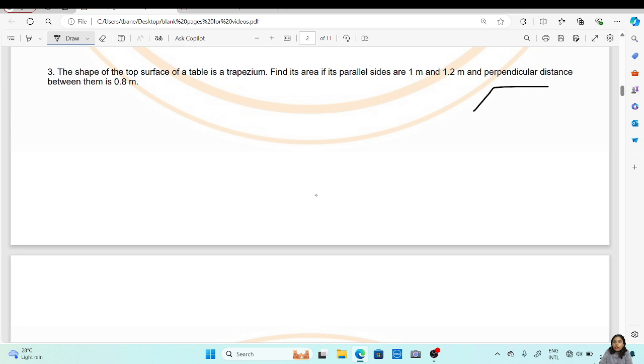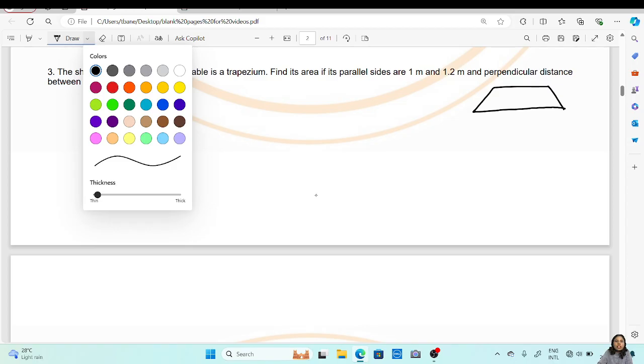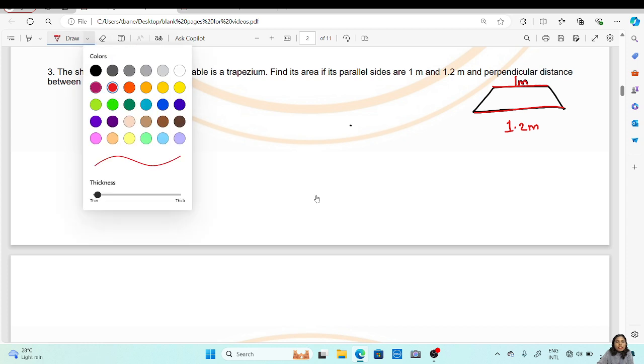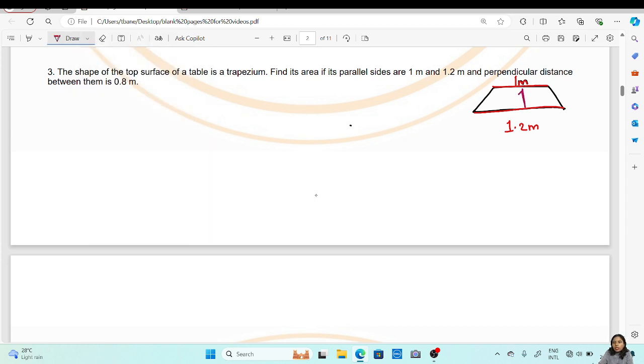So again what they have told us is, its parallel sides are, so they are saying this side is 1 meter, and this side is 1.2 meter. Then the distance between the two is 0.8 meter.